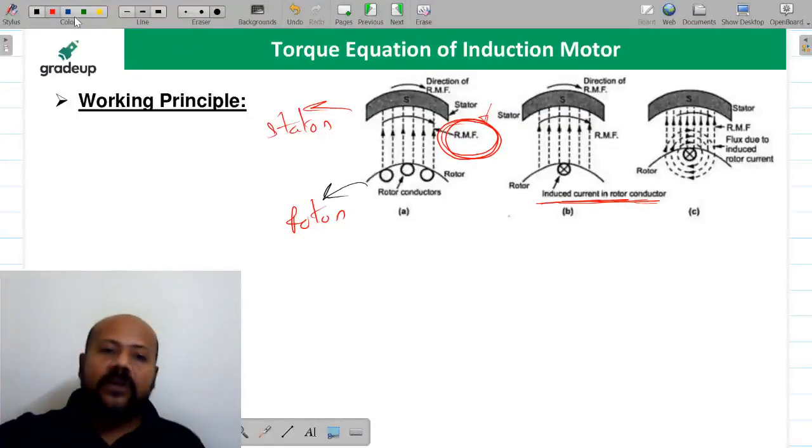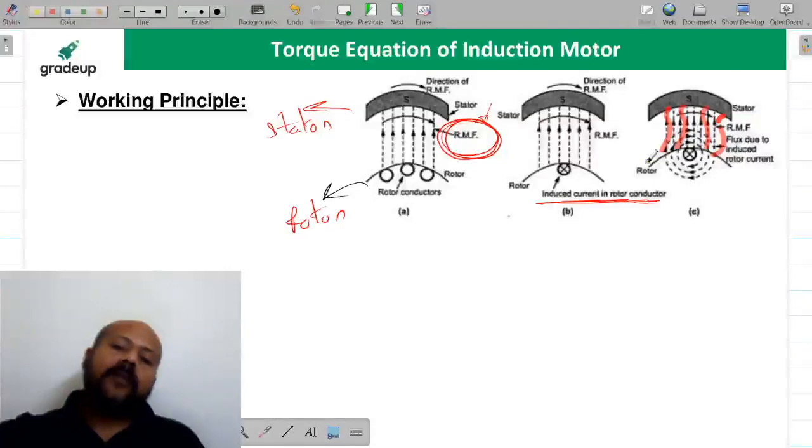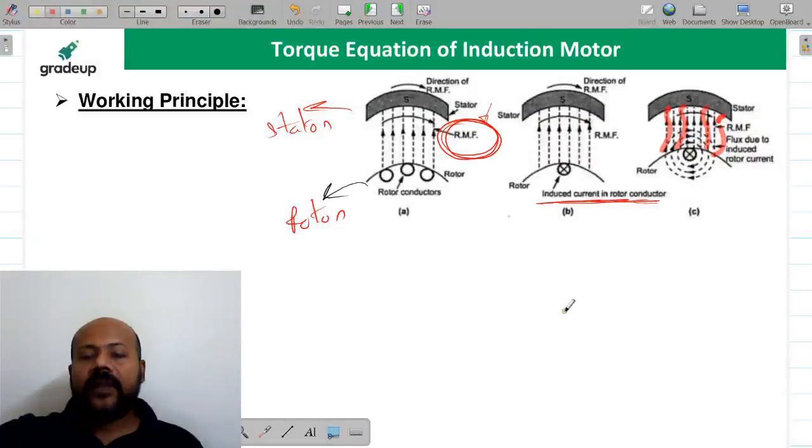So your actual flux is going to be something like this. Okay? There is going to be some distortion of the flux in the air gap.